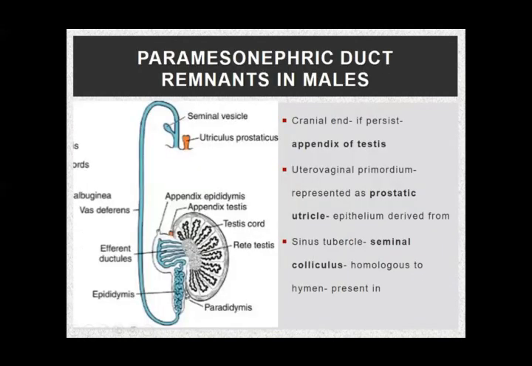This is the remnant of the uterovaginal primordium, the homologue of the uterus in males. The uterovaginal primordium bumped into the pelvic part of the urogenital sinus and raised an elevation called the Müllerian sinus tubercle, which develops into the seminal colliculus.